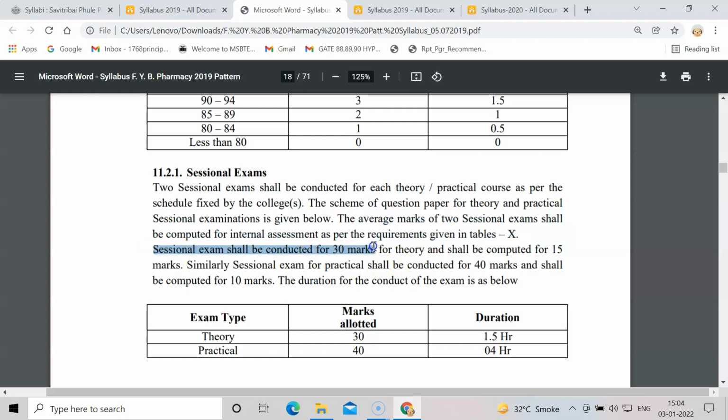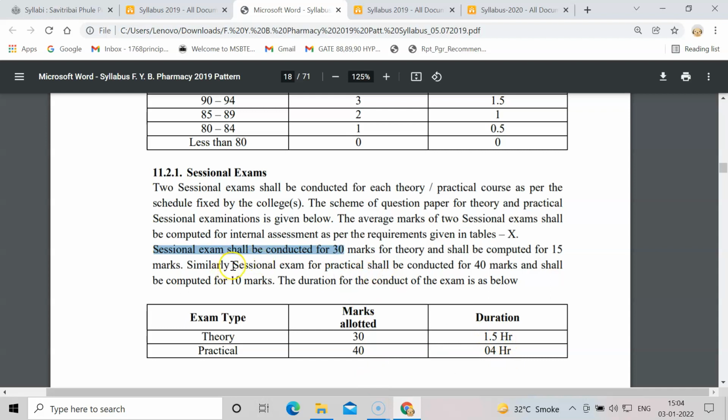Sessional exam shall be conducted for 30 marks, and the 30 marks sessional for theory shall be computed for 15 marks. See here, average has been taken. It is not the best of one, it is the average of 2 sessionals. So remember, students, you have to give both sessionals for a good average, and don't miss the sessional. They will be conducted for 30 marks, and the duration will be 1.5 hours.